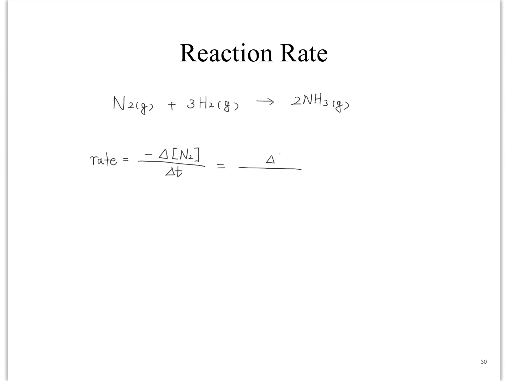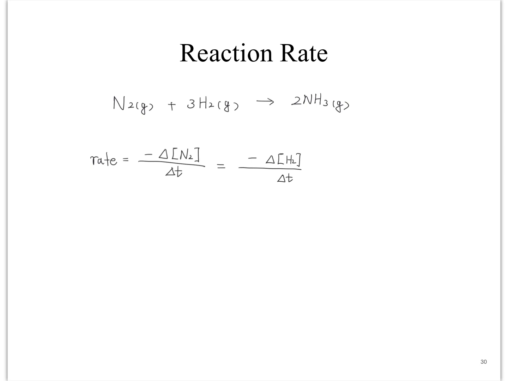So the delta of the concentration of hydrogen, and since it is a reactant, we are going to have a negative sign, with delta t. However, before we move forward, now we are going to really look at the rate we wrote out and see if it is correct or incorrect. If we are looking at this reaction, 1 nitrogen gas reacts with 3 moles of hydrogen gas and produces 2 moles of ammonia gas.